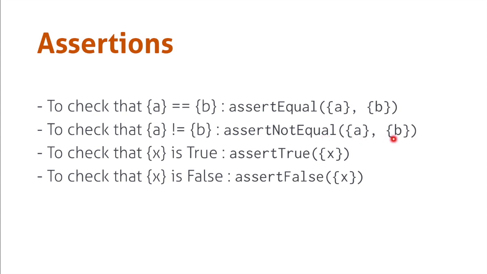It passes if A and B are not equal, and fails if A and B are equal. assertTrue passes if X is true, and fails if X is false, and assertFalse passes if X is false, and fails if X is true. The only one of these that you really need to know is assertEqual, because all of the other assertion types can be checked using assertEqual.